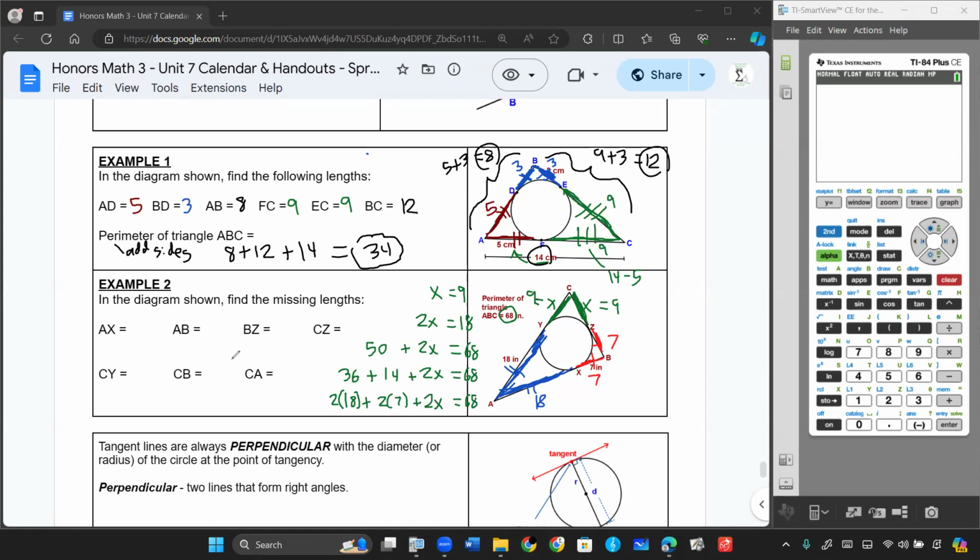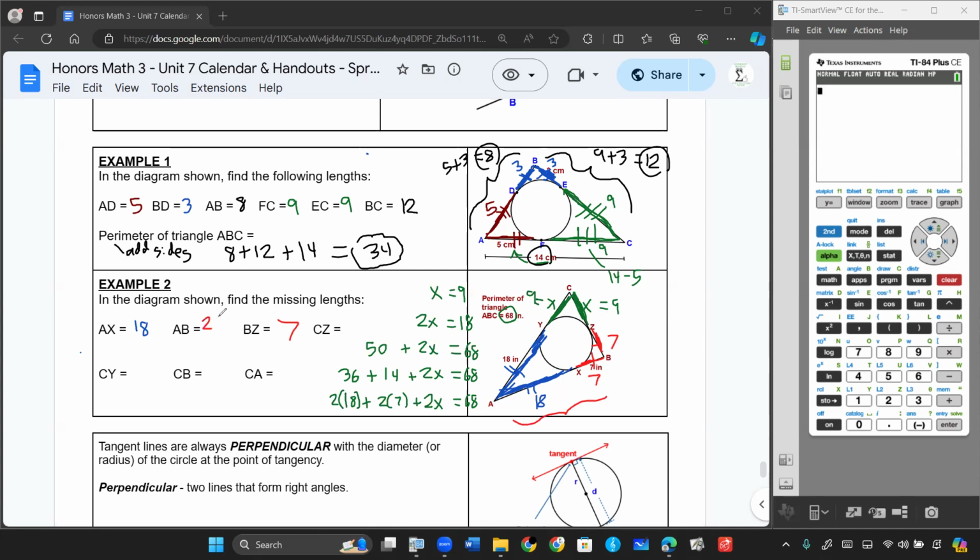So AX, we already got that. That was 18. Let's throw that in there. We have BX, which is going to be given to us. So ZB is going to be 7. And then we have AB, which was 18 plus 7. So AB is just going to be that whole side.